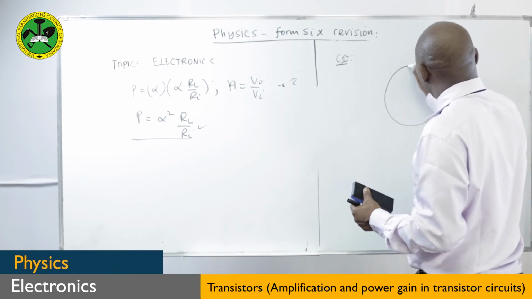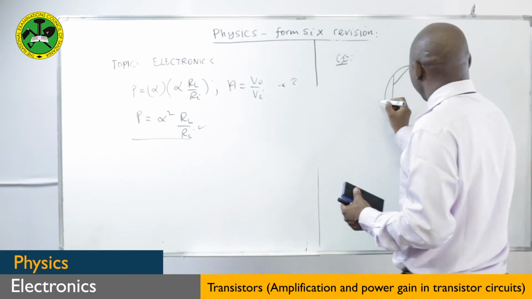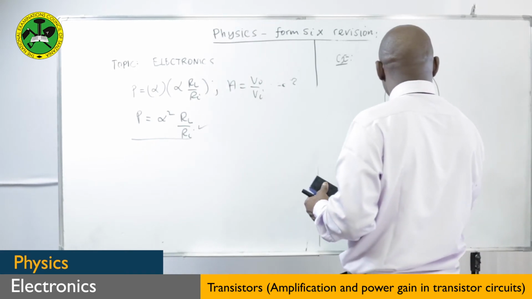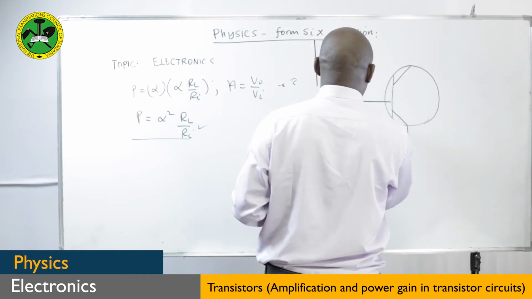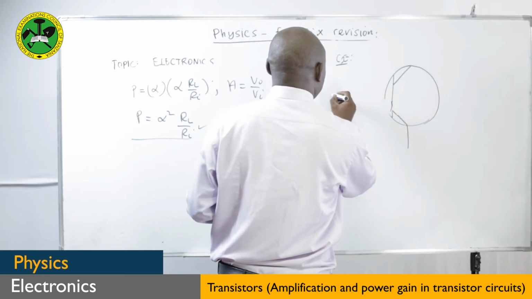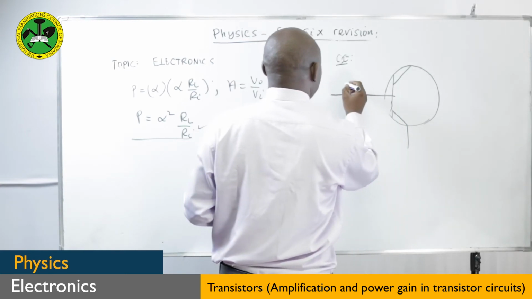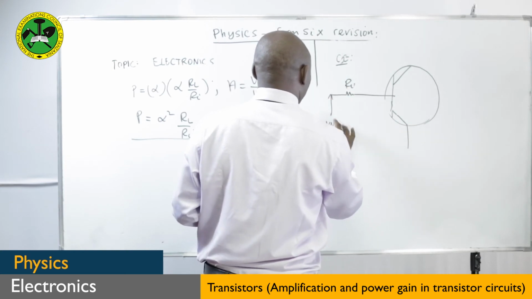So you can have the circuit for the current gain for a transistor of this type, and let me use the NPN transistor. This is our input here, this is our input resistance, and this is our input voltage applied here.